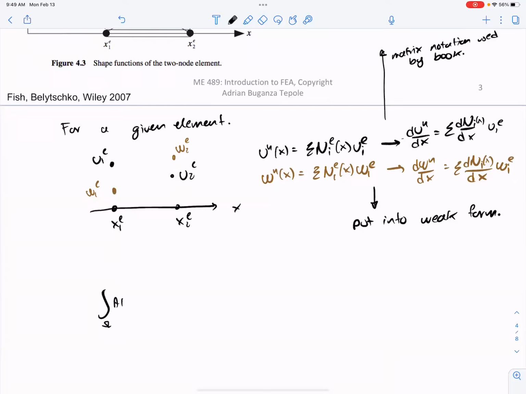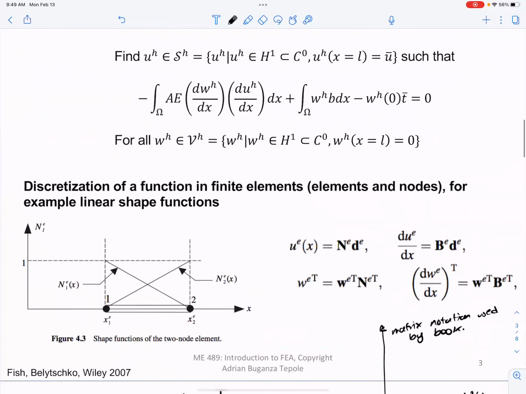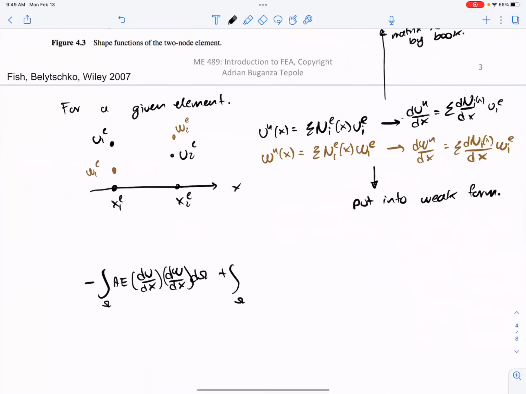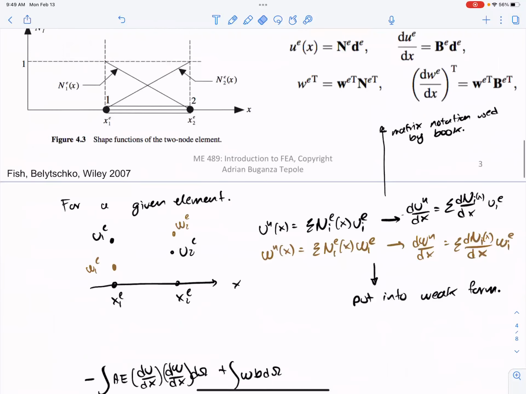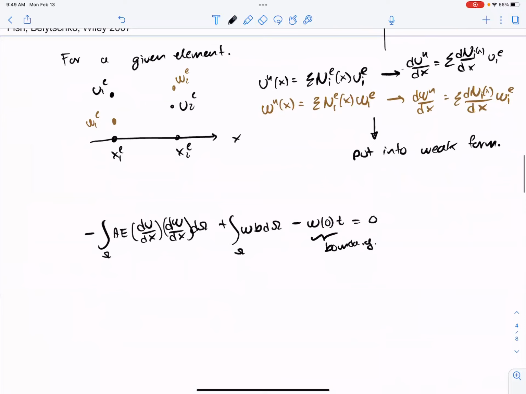The full integral is AE du/dx times dw/dx d omega, minus, and then plus the integral of w times b, and the last one is the boundary term, minus w at 0 of t equals 0. That was the weak form.